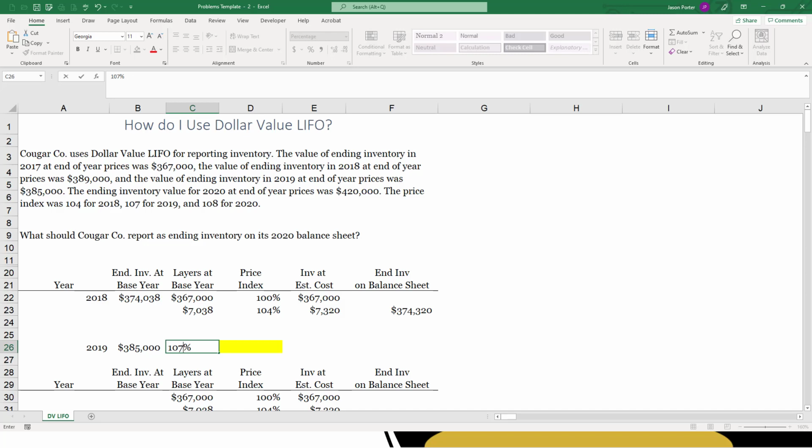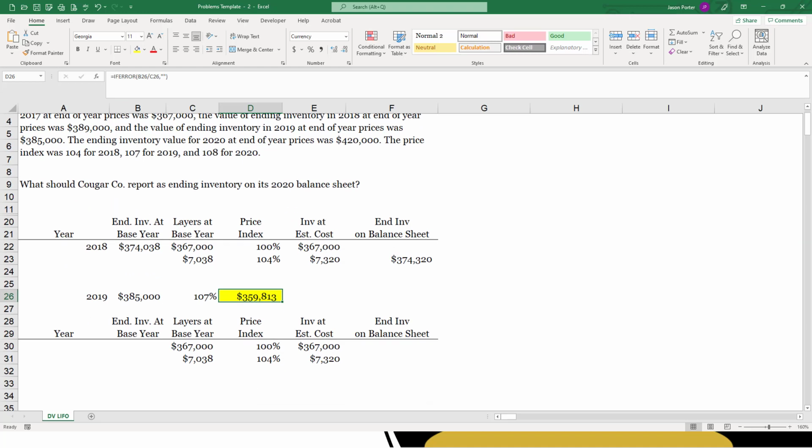Essentially what we're saying is because of inflation, what we would have paid $1 for in 2017, we'll pay $1.07 for now in 2019. Now that I have those numbers in there, I'm going to divide the 385 by that 107, and I see that to buy that $385,000 worth of inventory in 2017 when I started, it would have cost me $359,813.